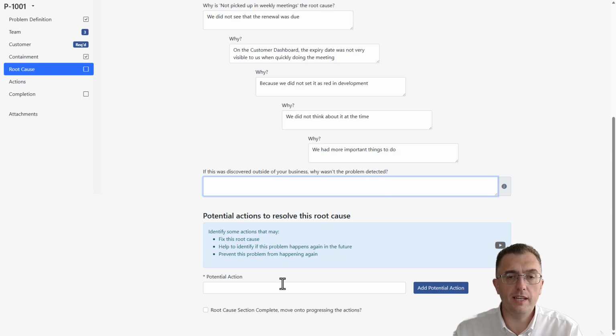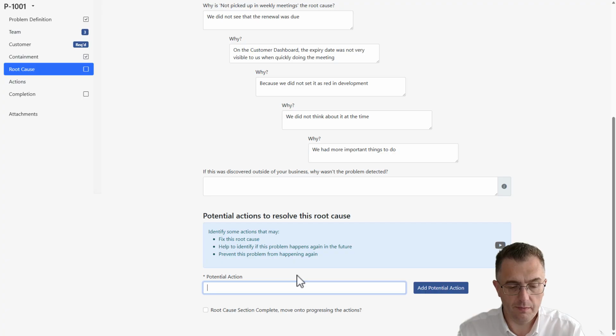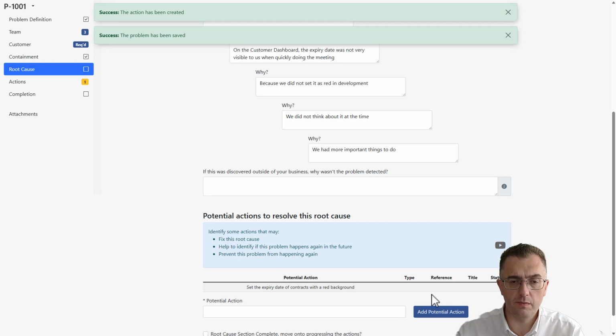Okay, so what are the potential actions for this root cause? So we could set the expiry date of contracts with a red background. Okay, that's one of the things we could do.